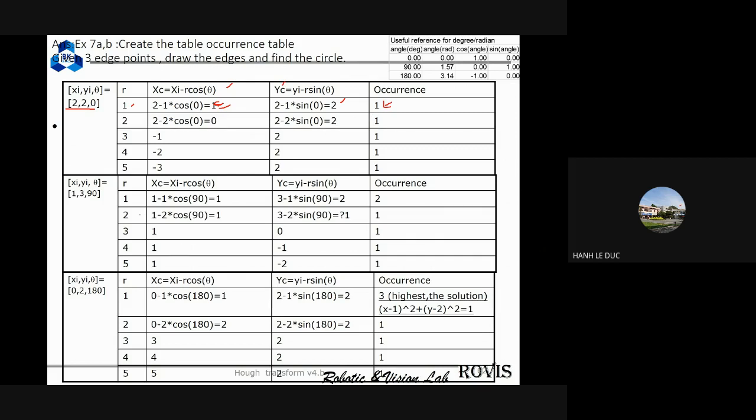And this one is the point 1 and 3, theta 90, and it appears a second time. So this one appears another time, so it appears 3 times, but the remaining just appear 1 time. So this one is the center and the radius of the circle, right?